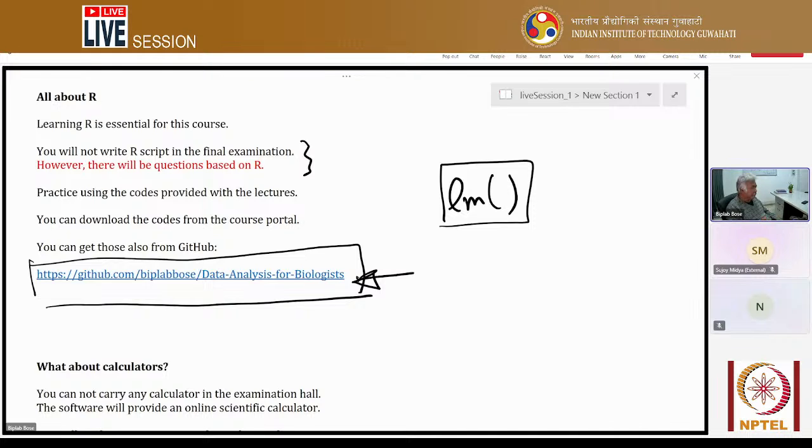Something like that, right? So you have to prepare for the exam, and there will be R-based questions. Although you will not run R code, you should know how to write an R script or R code, and you should know the meaning of those functions, syntax, all these things. So please learn R with us in this course.